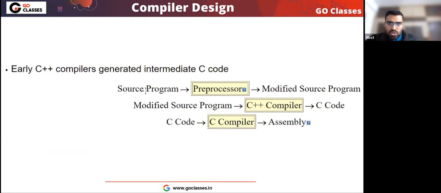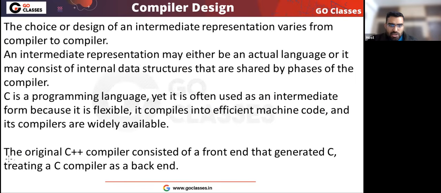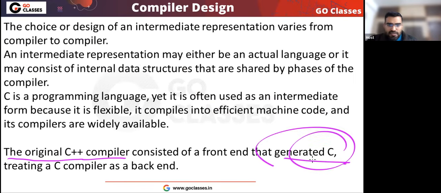Then we have the C++ compiler. The original C++ compiler generated C language as an intermediate code.